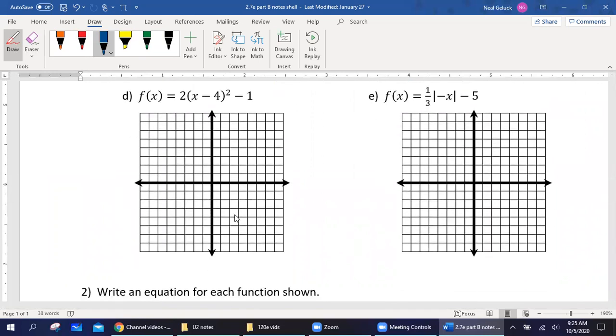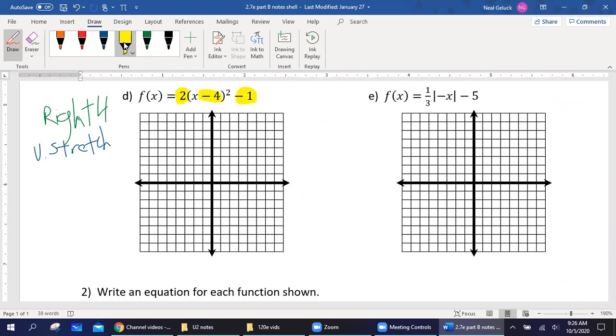So on letter D, let's think about what's happening to this graph so we have a good idea of what numbers to pick. The minus 4 is going to move me to the right 4. Multiplying the function by a 2 is going to vertically stretch this thing out by 2.